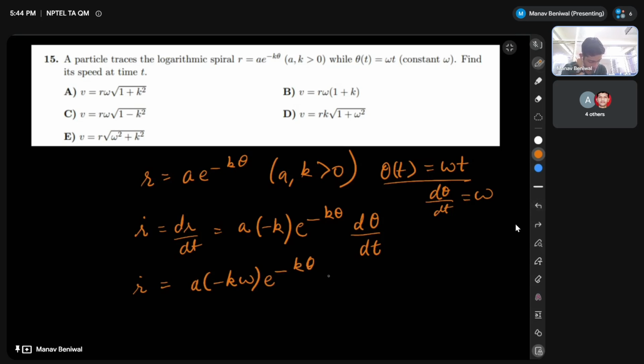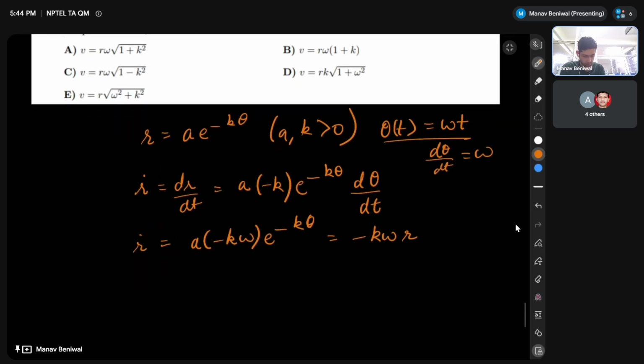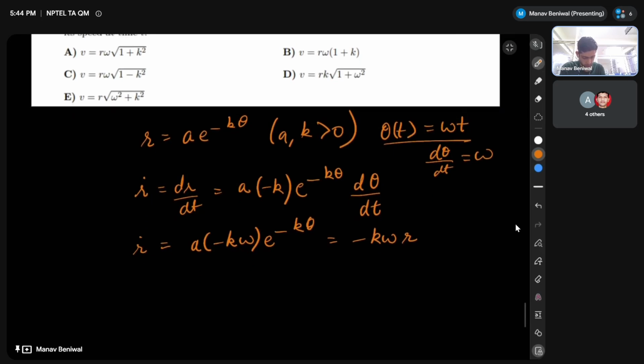So I can write it as minus k omega times r. And so my radial component of velocity is just minus k omega r, and my theta component v theta is just omega times r. That's it.